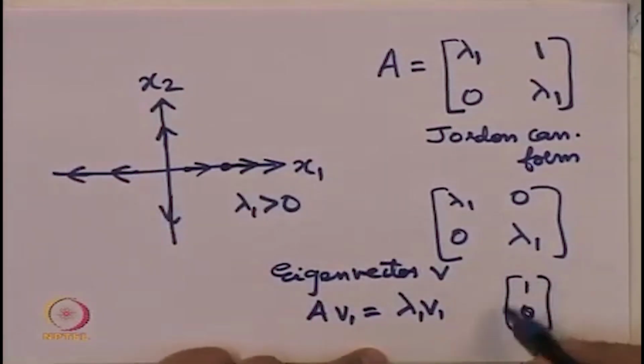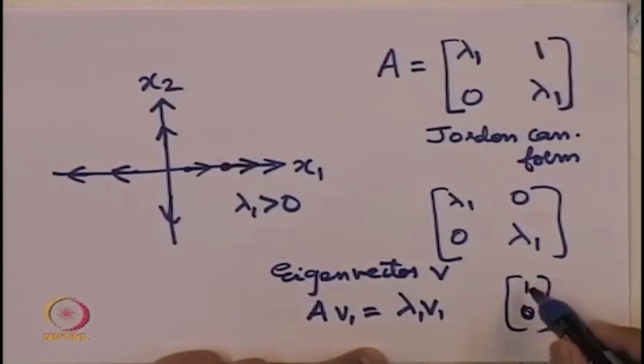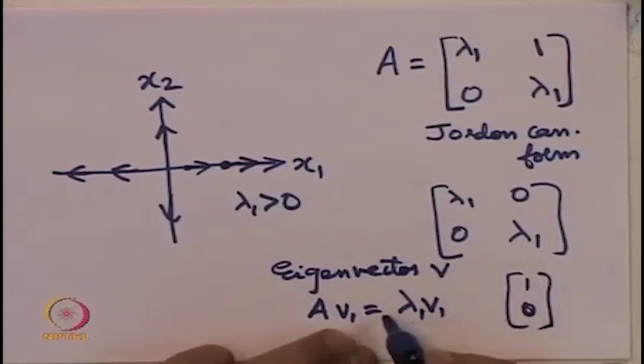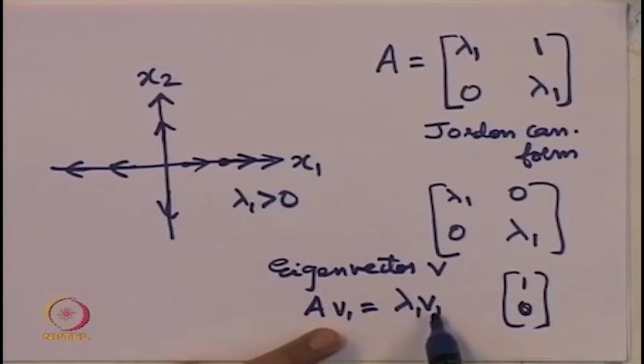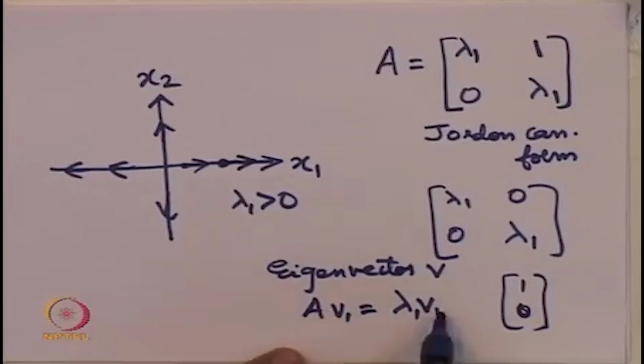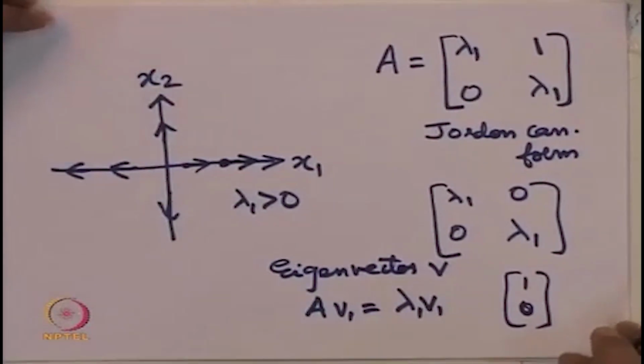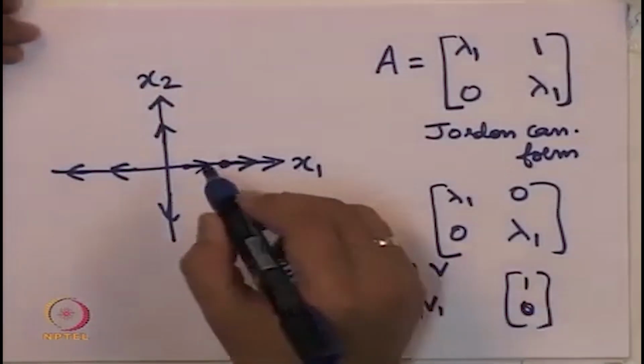We can scale this vector by any number and also get an eigenvector. So it is a non-zero vector that satisfies this equation. If we are at a point V1, then the vector field is parallel to the vector V1 because of this particular equation, and hence the trajectory will remain along that particular direction.